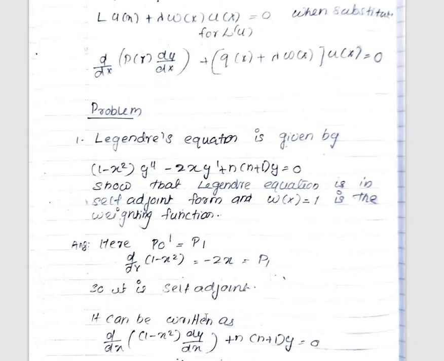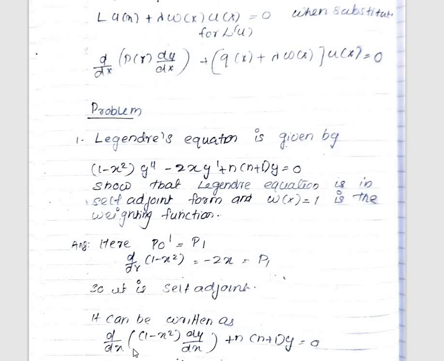So this equation can be written as d by dx of 1 minus x square into dy by dx plus n into n plus 1 y is equal to 0. When we differentiate this equation, you will get 1 minus x square taken outside, d square y by dx square as the first term.